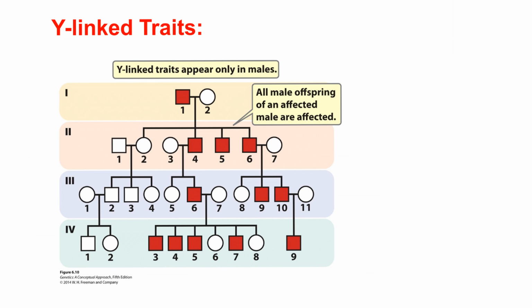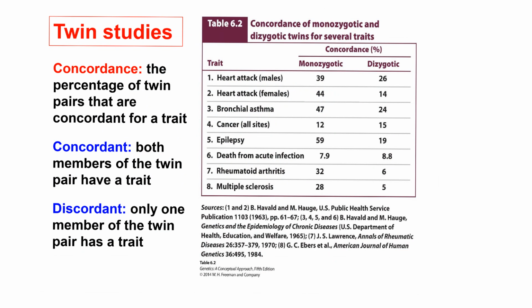As we discussed before, there are very few traits which are encoded on the Y chromosome. However, those genes which are linked to maleness are found on the Y chromosome, and they have been shown to be Y-linked. So let's now move on and discuss twins and adoption studies.